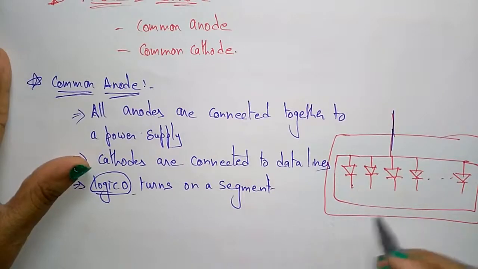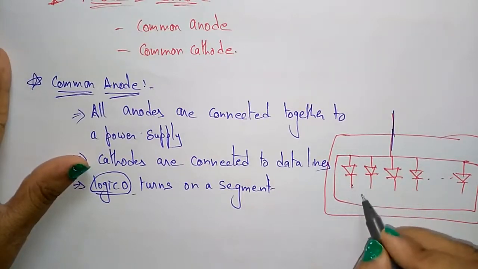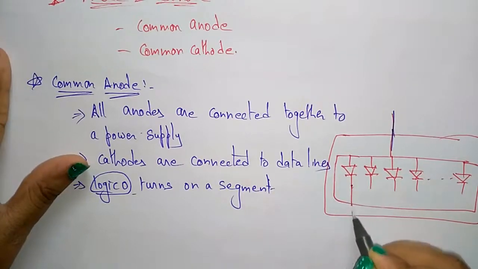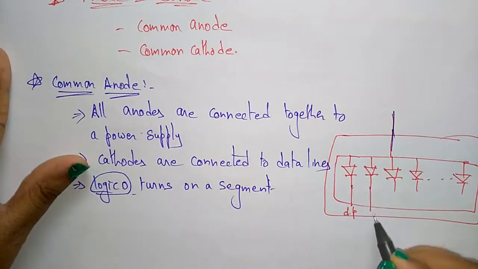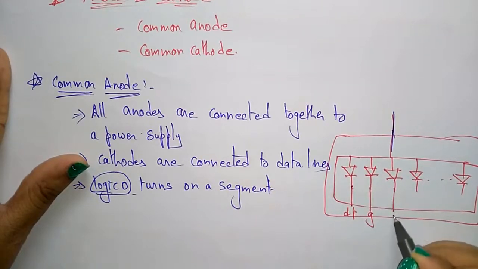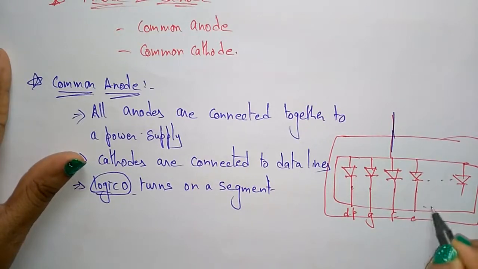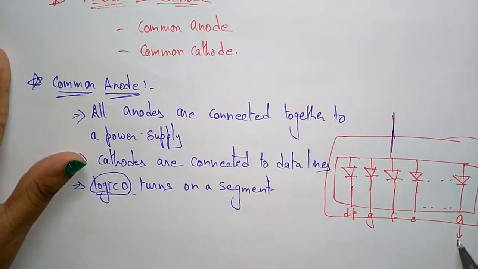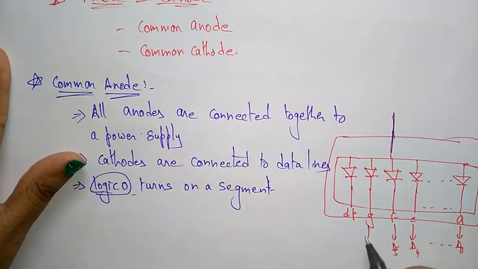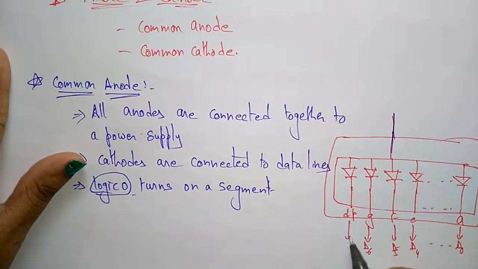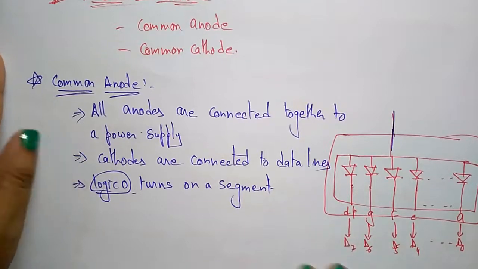This will be connected to, this is DP, decimal point, G, F, E, and this is A. So A is nothing but D0, and here this is D4, D5, D6, and this is D7. The decimal point is D7.